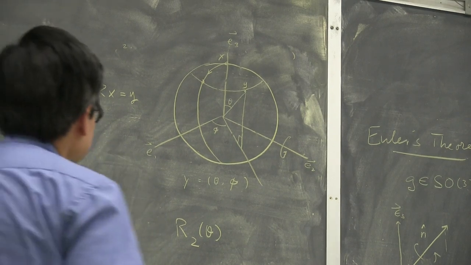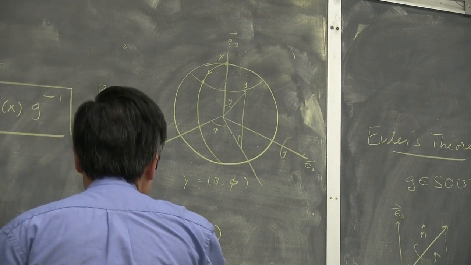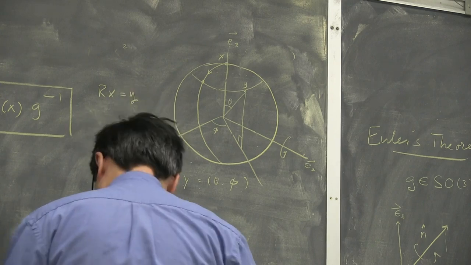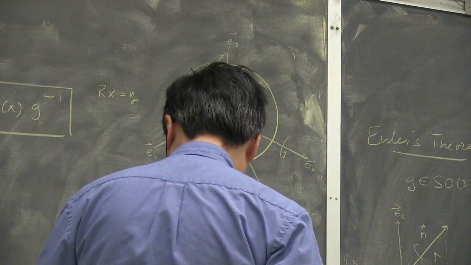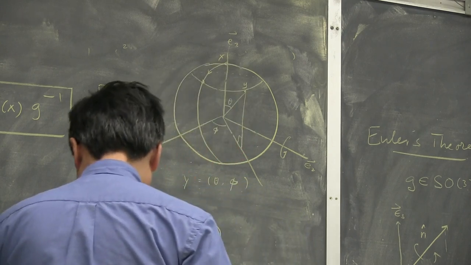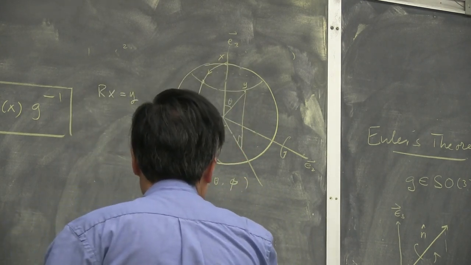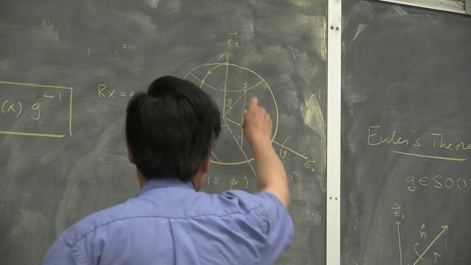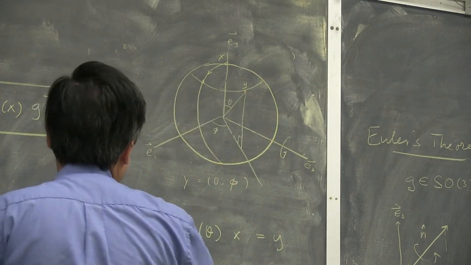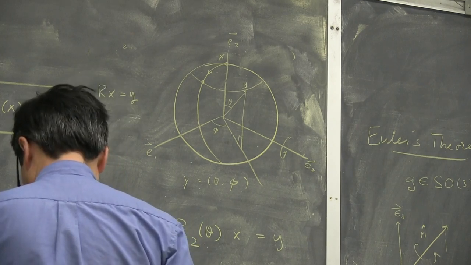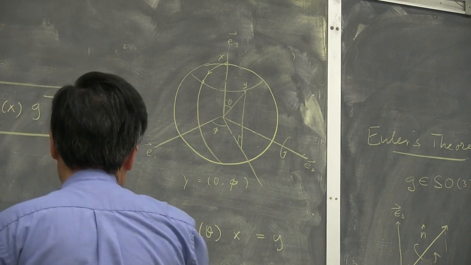And so then you do R3 phi. And so take successively these two acting on X, you're going to get to Y, which is at the same time R acting on X.